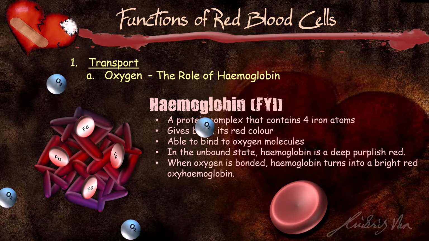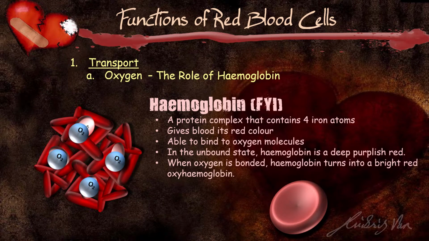And when oxygen comes along and binds with hemoglobin, you can see that the hemoglobin turns into bright red oxyhemoglobin. So this is just more for your info as to why the red blood cell is red in color. Not really necessary for your O-level syllabus. It's more for your curiosity pursuit.